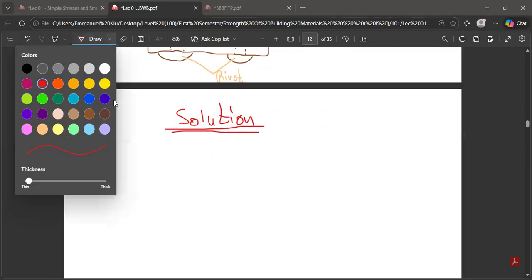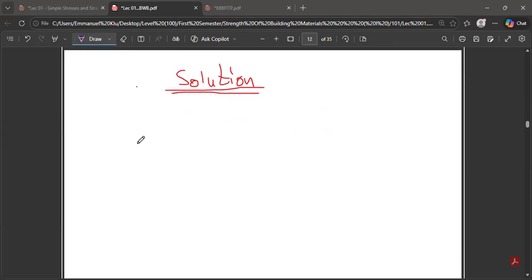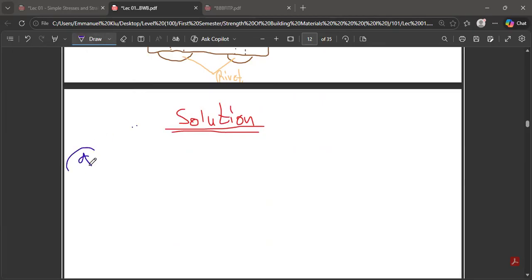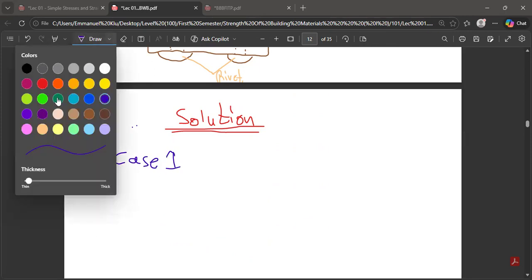We just want to pick case one and calculate for its shear, later we pick case two and calculate for its shear. So this is the case one. We are calculating for shear in case one, as simple as that.